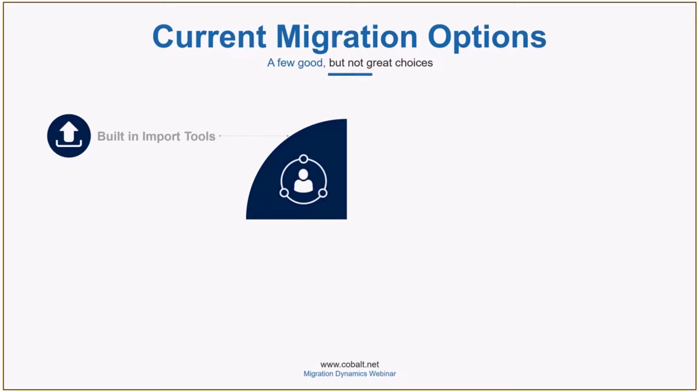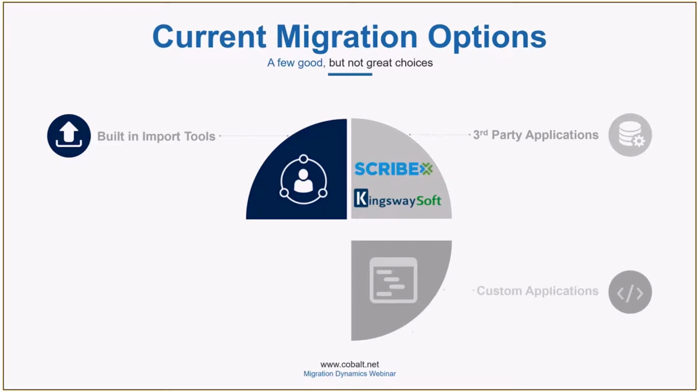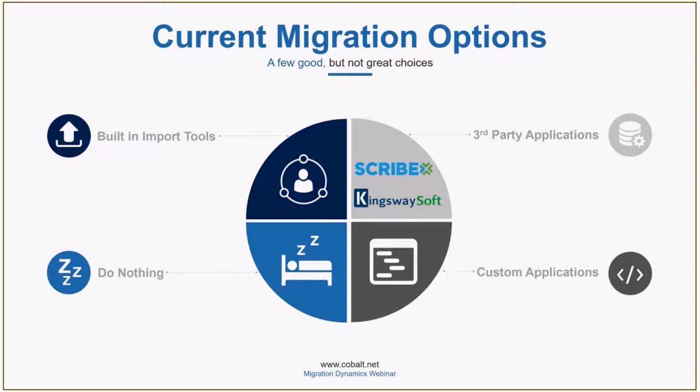And so that's a good option. You can use third-party applications like Scribe and KingswaySoft, or you can build your own custom application to migrate the data. Any of these approaches we believe are not optimal, and they might be hurting you more than you might realize. But the fourth option, which is doing nothing, could really damage your reputation and your bottom line.